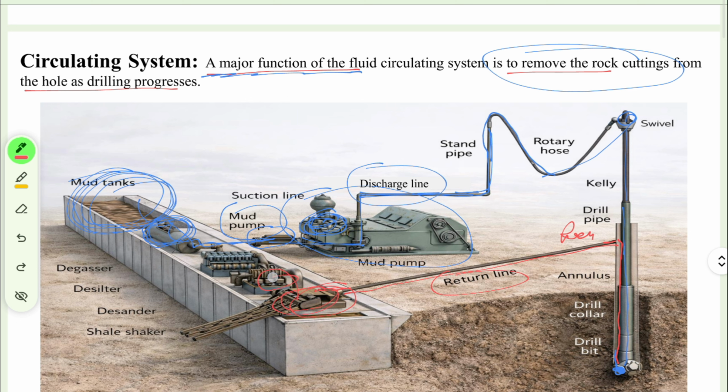Then there is a desander where the sand is removed. Then there is a desilter and degasser, and finally it reaches the mud pit, right? This is how the whole circulating system works. I hope you are able to understand how the circulating system works and what its basic function is, right? So let's move to the next slide.